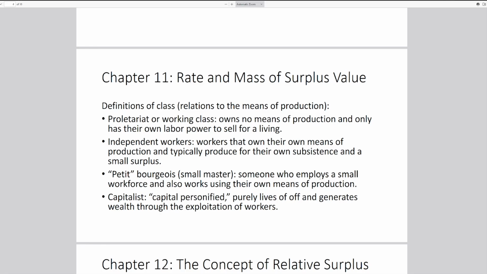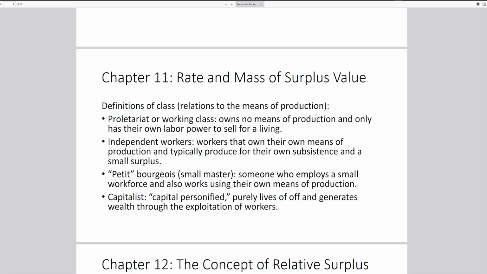And this is where you can get some really fuzzy class allegiances, and I think this is why the petty bourgeois is often easily swayed into especially reactionary ways of thinking, because they have some allegiances to the capital B bourgeois, big capitalists, in the sense that they both have employees.